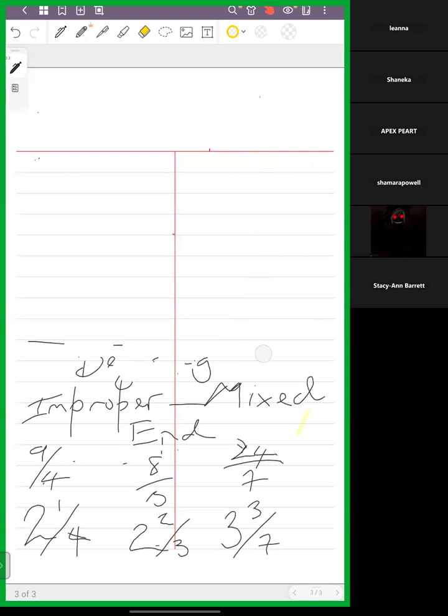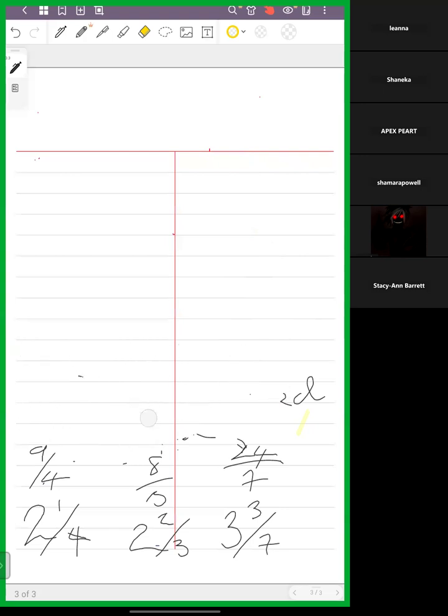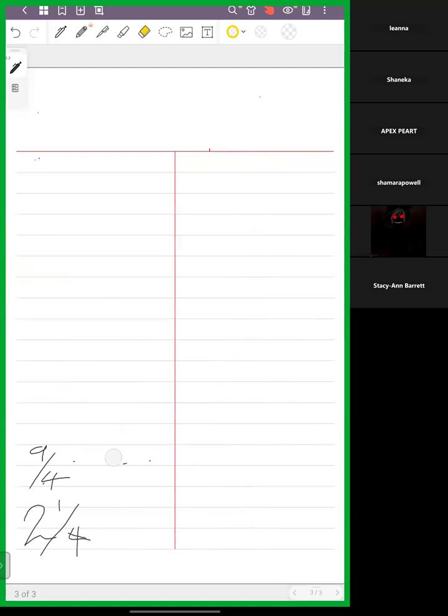One, convert all mixed fractions to improper fractions. That's the first thing you have to do.